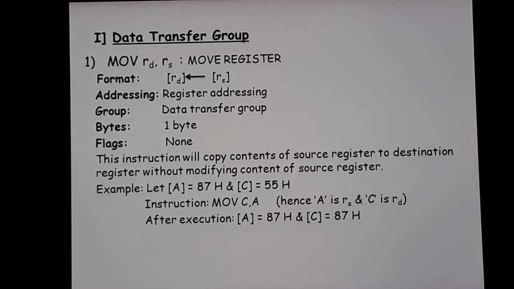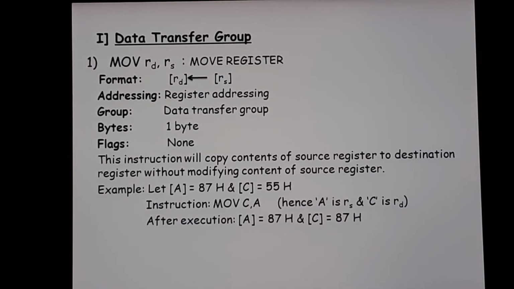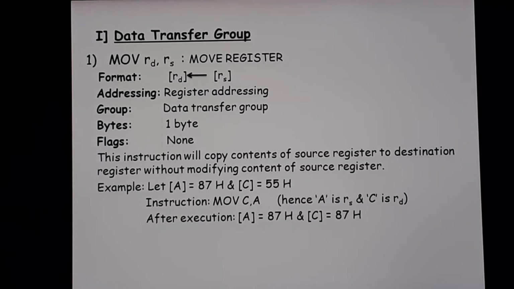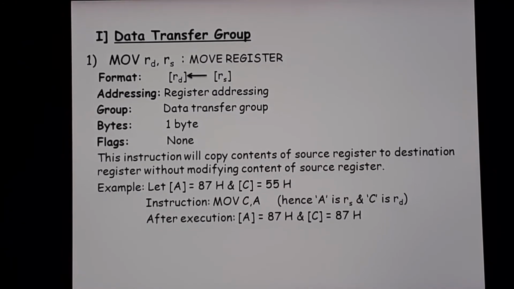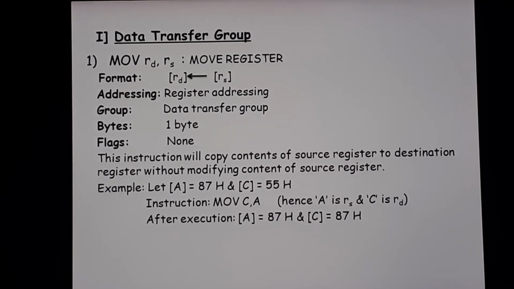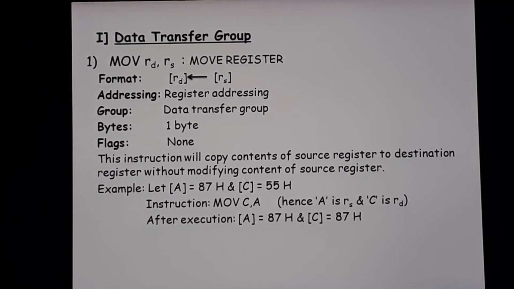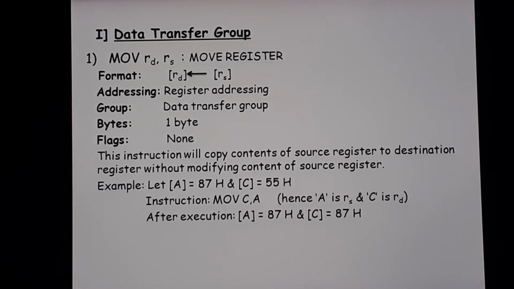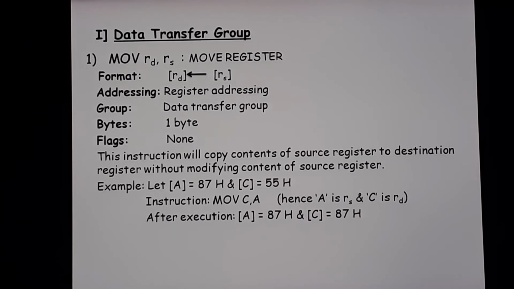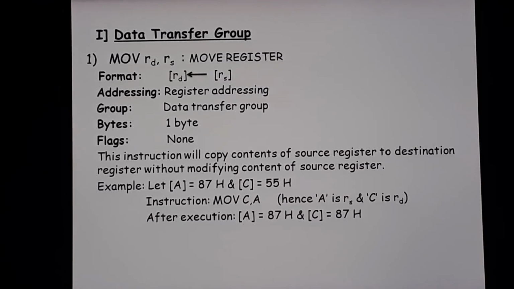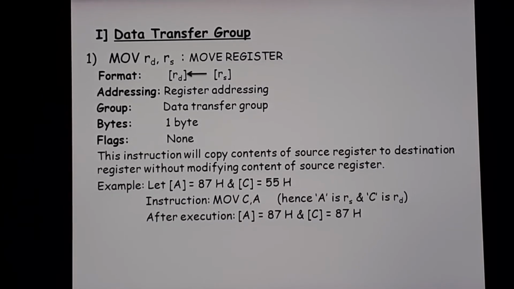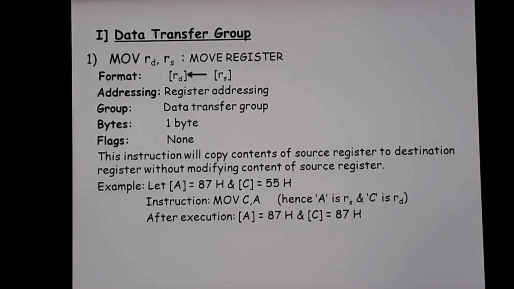We need to talk about two things: before execution, the data of both the registers, and after execution, what happens to the registers' data. Before execution, A is equal to 87H and C is equal to 55H. After executing the MOV C, A instruction, A is equal to 87H with no change in the data, and C is equal to 87H.